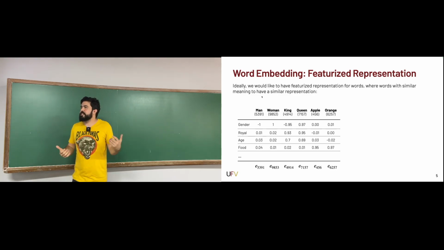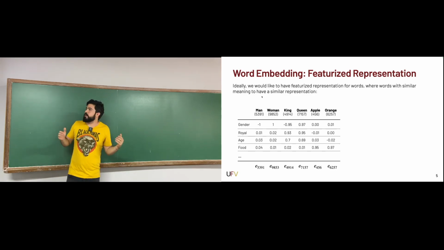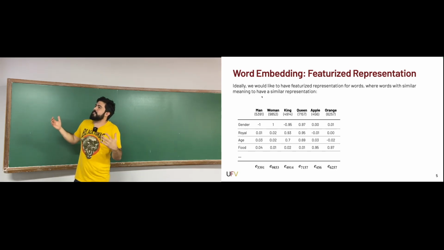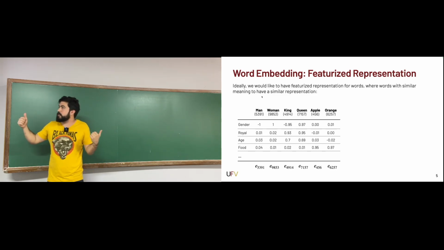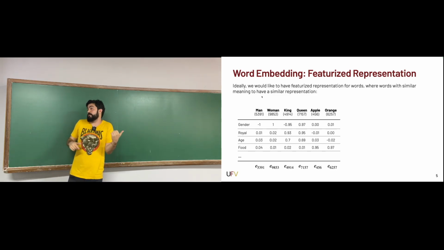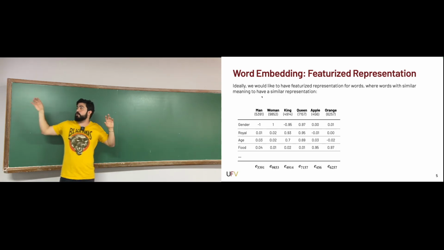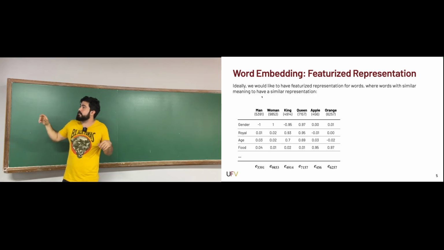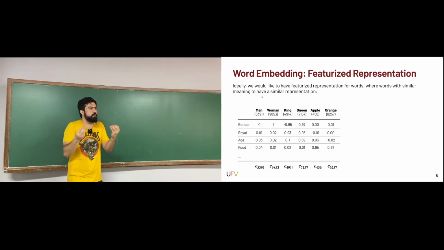So consider the feature gender, and assume these values go from -1 to 1. Wouldn't it be nice to have a representation where man has perhaps -1 for gender, woman has 1, and then king also has -0.95, which is closer to -1, and queen has a value closer to 1, 0.97. And then apple and orange, because they're neutral for gender, should be close to 0, right?